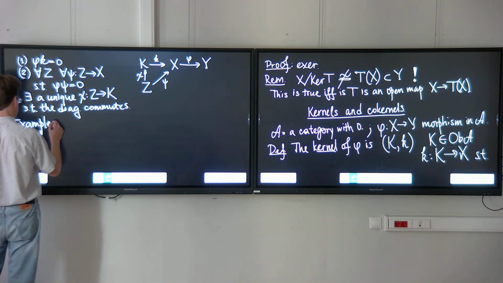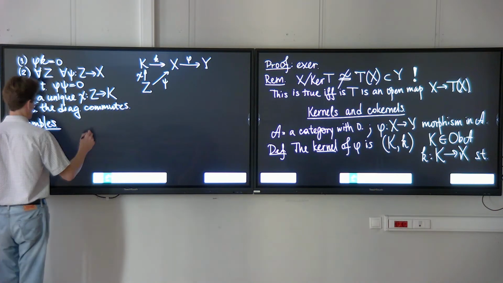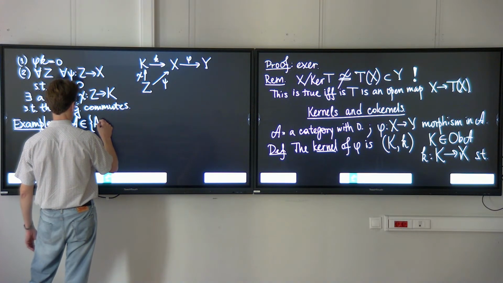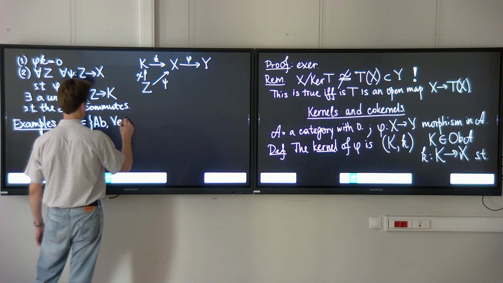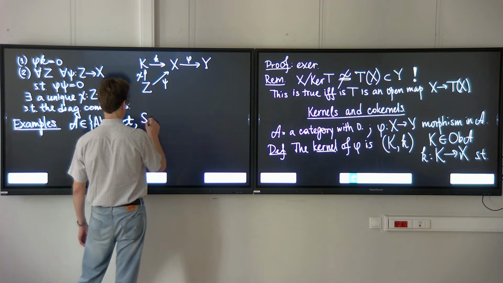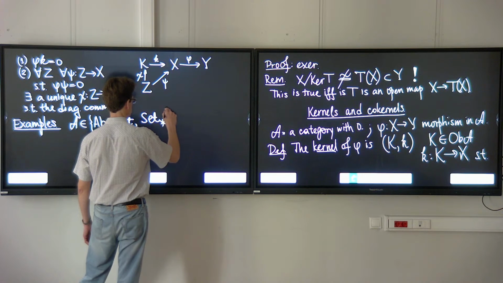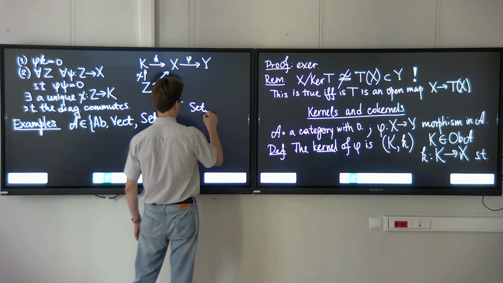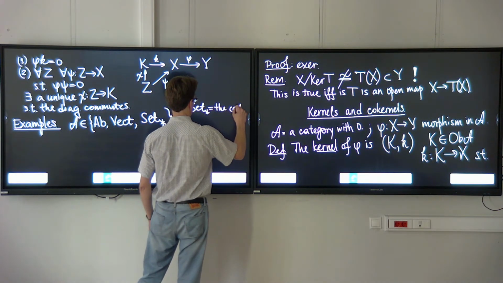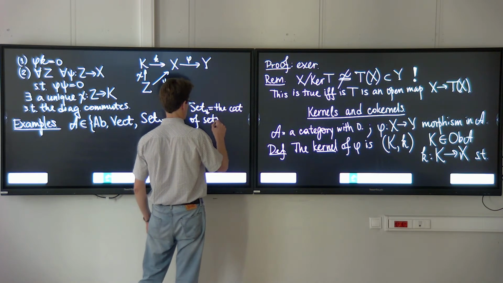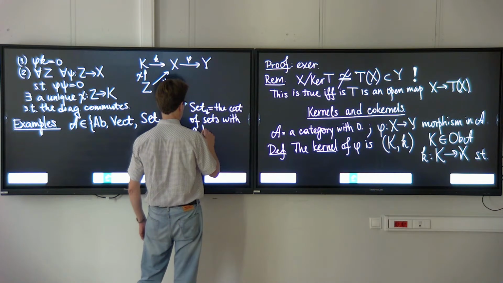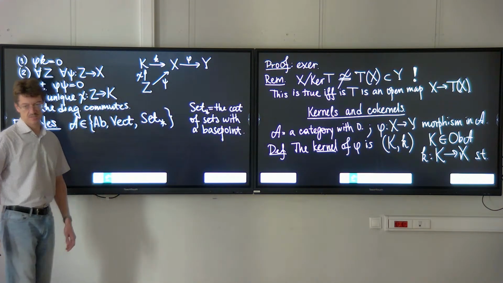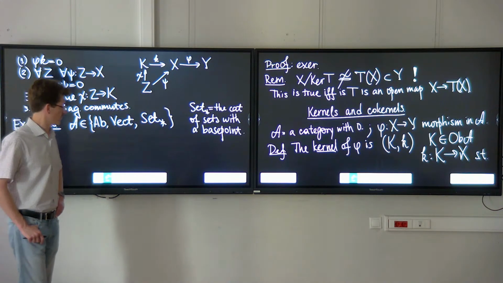Here are some basic examples. Suppose that A is any of the following categories. We may take the category of abelian groups, or the category of vector spaces, or, for example, the category of sets with a base point. So Set star is the category of sets with a base point. That is, the objects are pairs consisting of a set and a distinguished base point of the set.